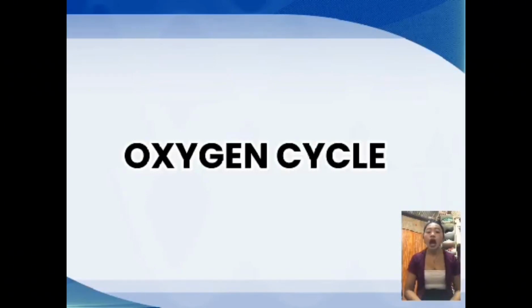According to the Earth's history, oxygen gas was first introduced by cyanobacteria through the process of photosynthesis. Around 4.6 billion years ago, there was no life on planet Earth because the atmosphere was devoid of oxygen.